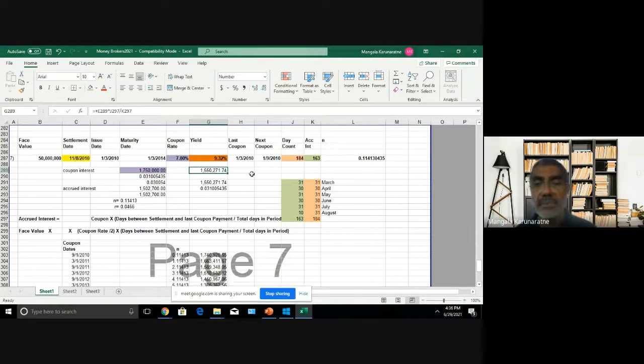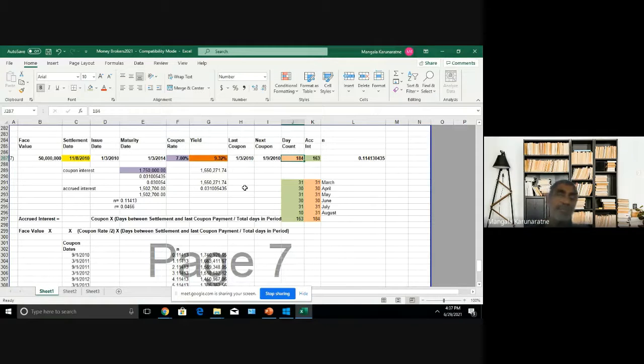1,750,000 into 163 days divided by 184 days. Why? This 1,750,000 is meant for 184 days, right? But now we are selling it after 163 days. We are selling it after 163.